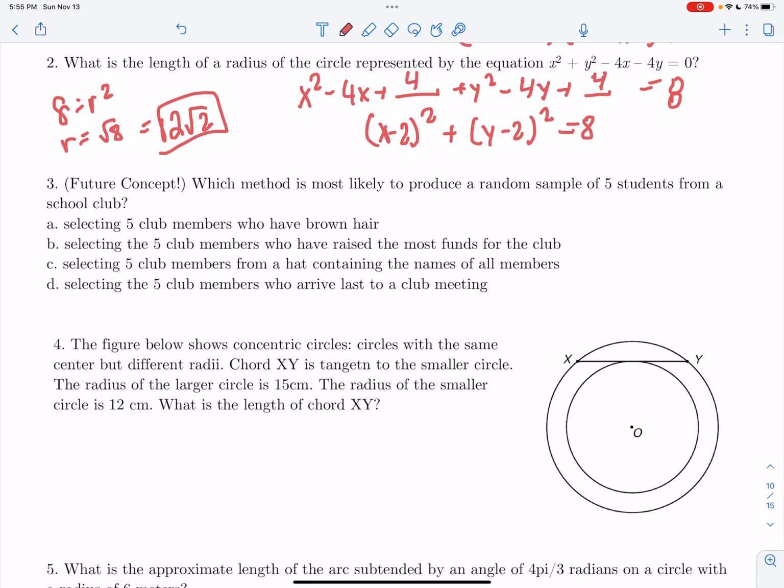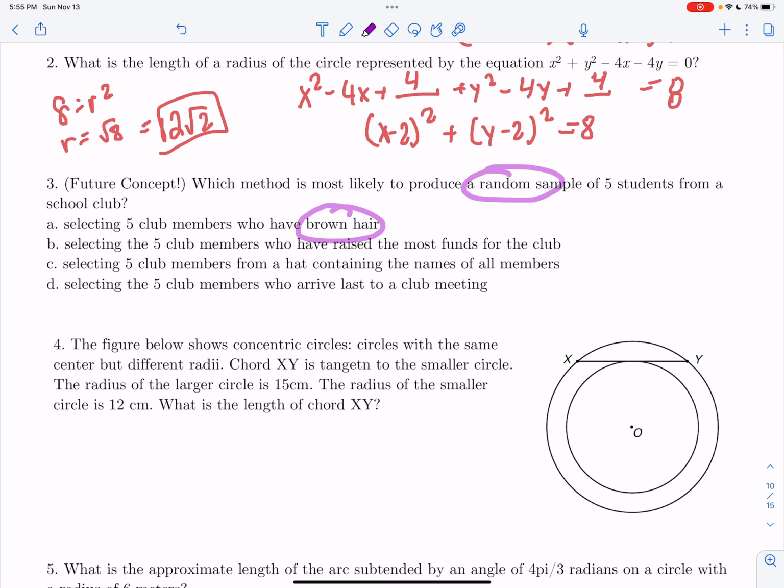Number 3, it's another statistics problem, and you want to find out which method is most likely to produce a random sample of 5 students. Now, thinking about the last 2 problems that we did with random sampling, you obviously know that the best results will give you random sampling. So which one is the best? Let's see. Selecting 5 club members who have brown hair.